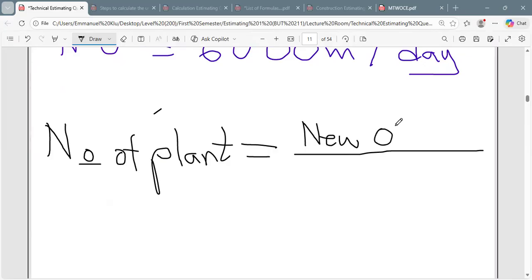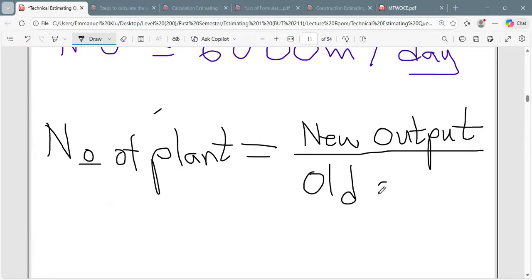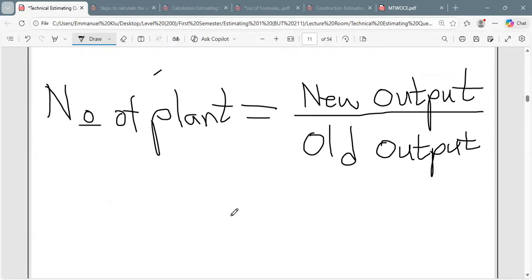New output is not part of the formula, so make sure to write it. These are some of the advantages of watching the video to the end. New output over the old output.